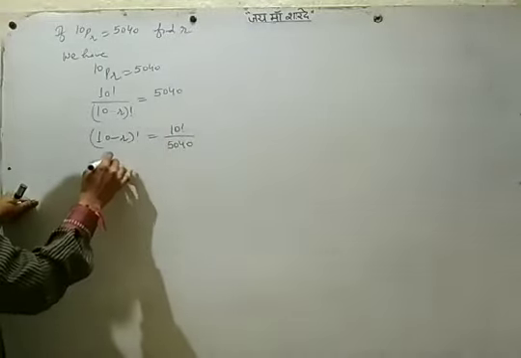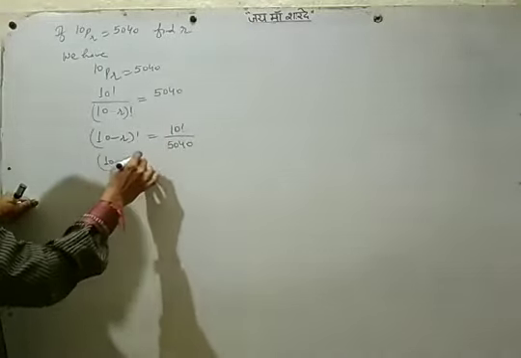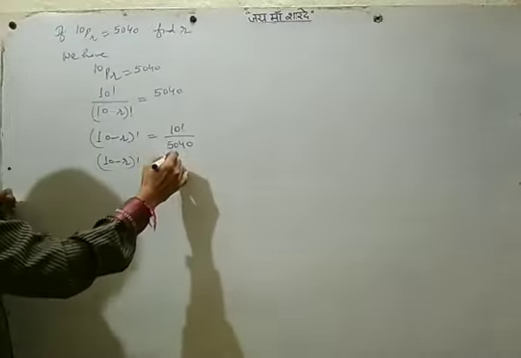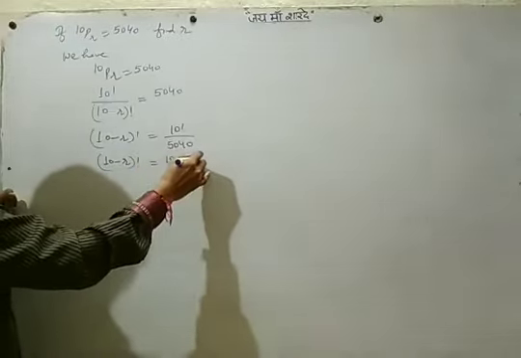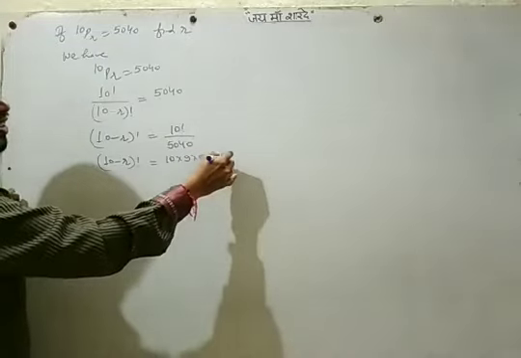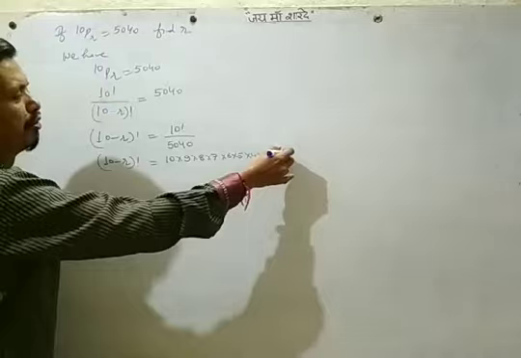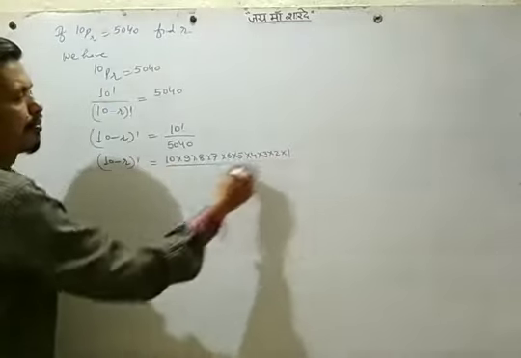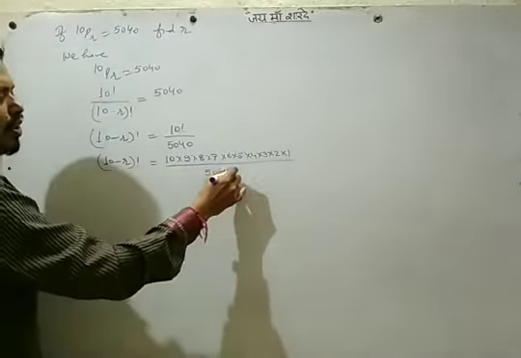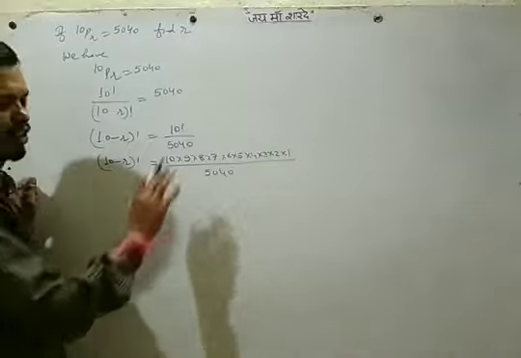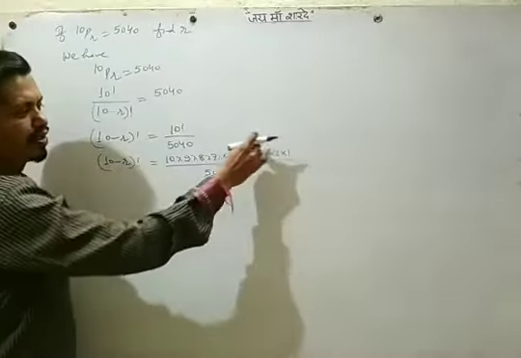Okay? Now (10 minus r) factorial is equal to, if you expand 10 factorial, you get 10, 9, 8, 7, 6, 5, 4, 3, 2, 1, upon 5040. Now simplify this part, but don't cancel from this part.